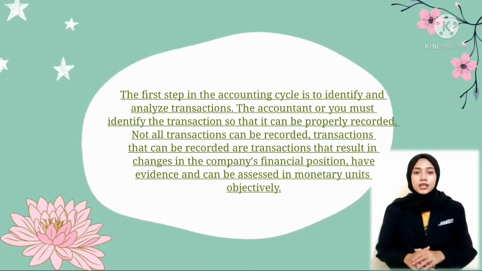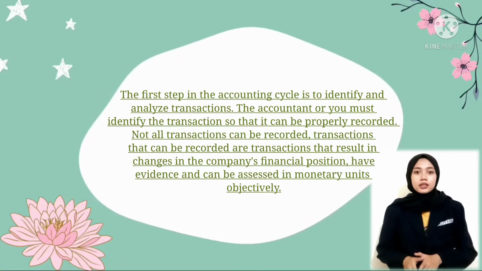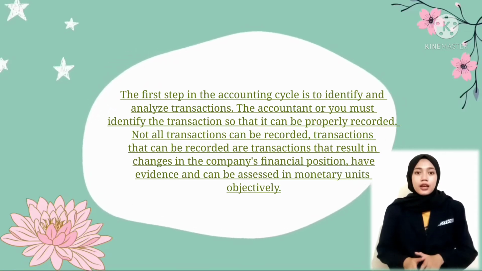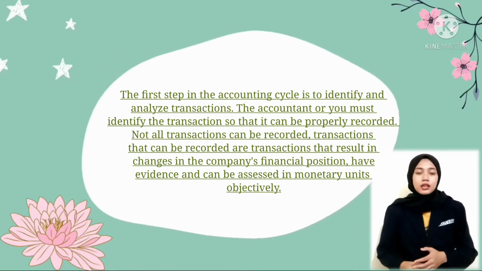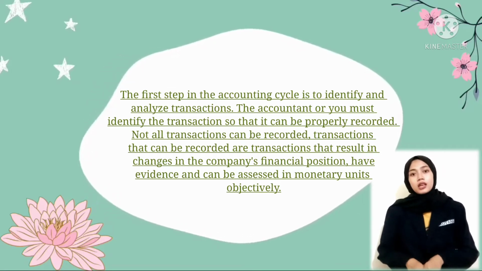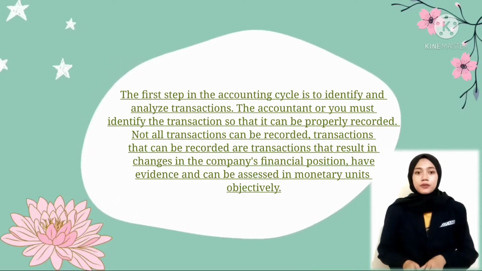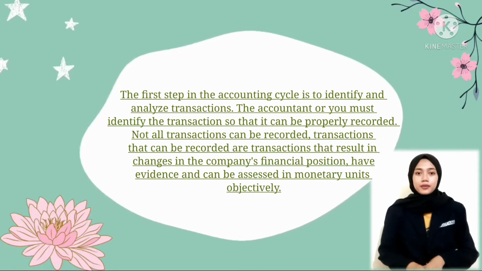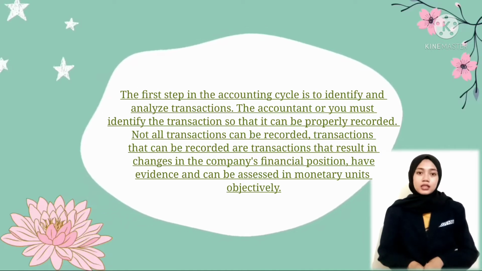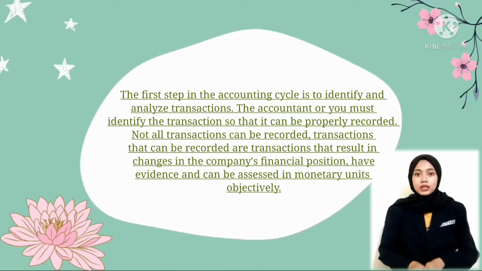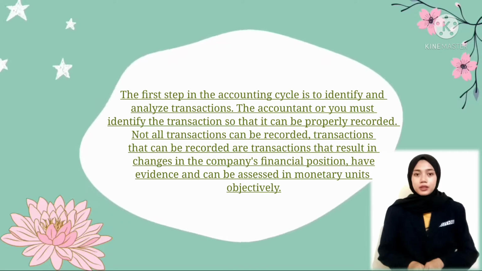Not all transactions can be recorded. Transactions that can be recorded are transactions that result in a change in the company's financial position, if there is evidence and they can be assessed in monetary terms honestly and objectively.